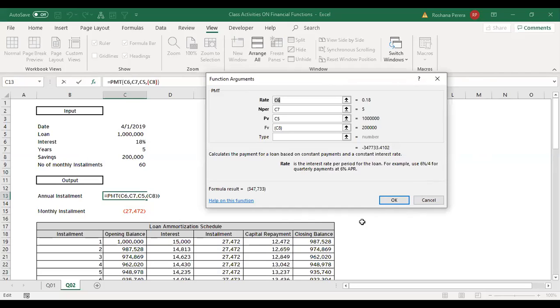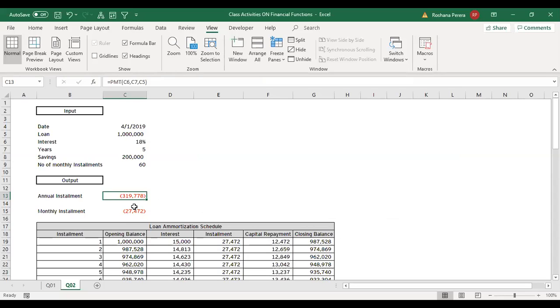And most importantly in this question, this is a little bit different from the questions I had discussed. Here I have asked that at the end of the loan period, you need to have a kind of saving. So let's remove this future value and see what the situation is. So can you please remove that and show us? You can see that the installment you would have to pay is lower.